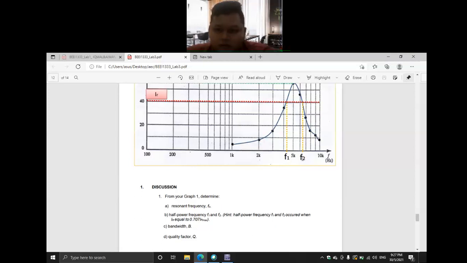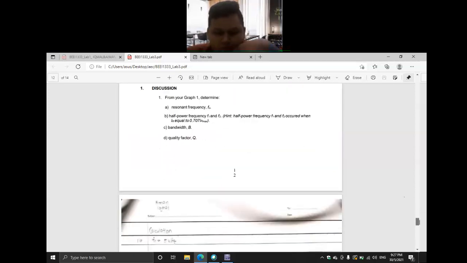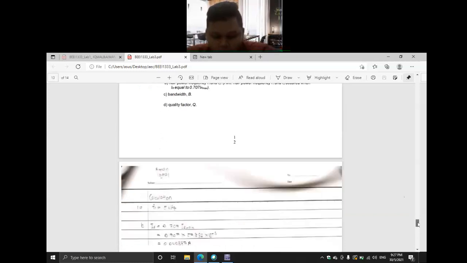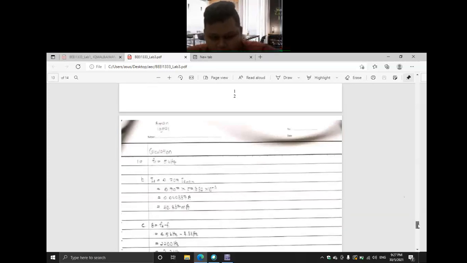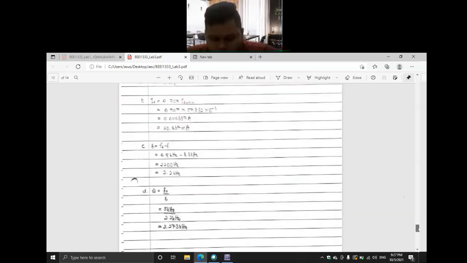After that, we will get the value of bandwidth, which is F2 minus F1, and we get the value of 2.2 kilohertz. This is the bandwidth that we get from the graph.